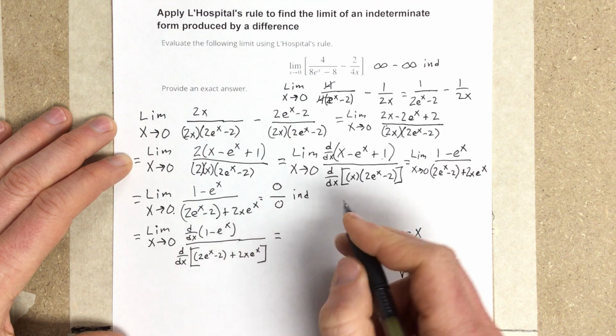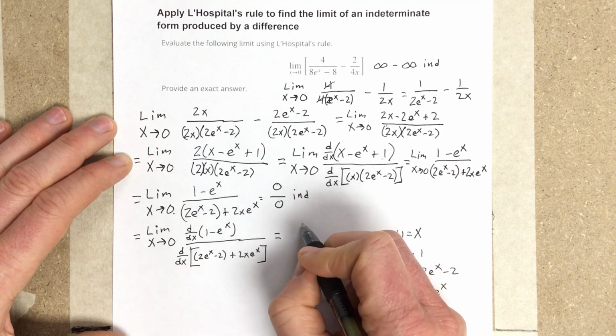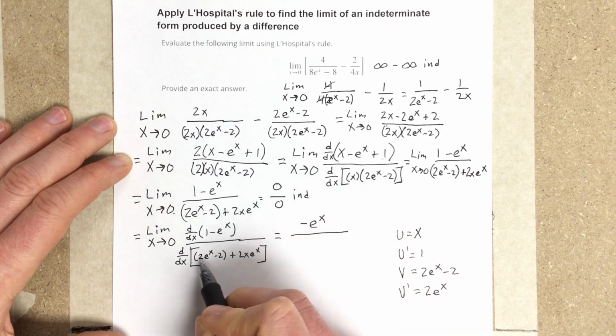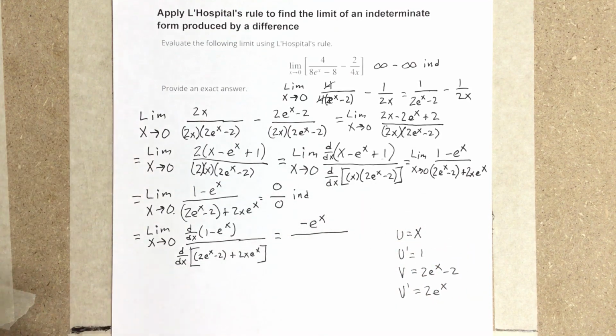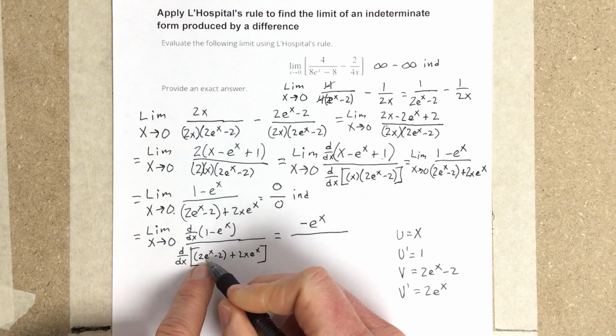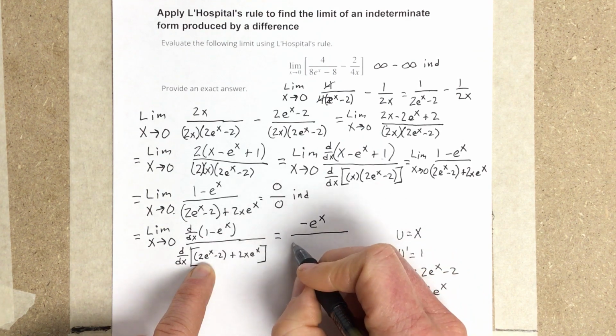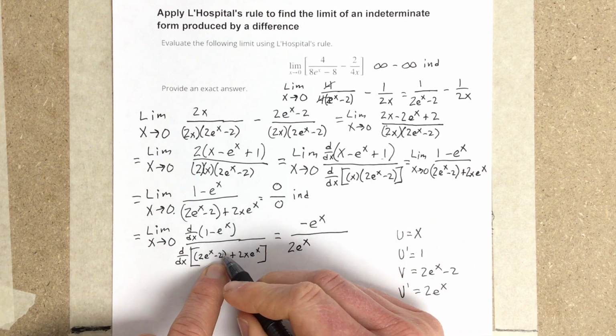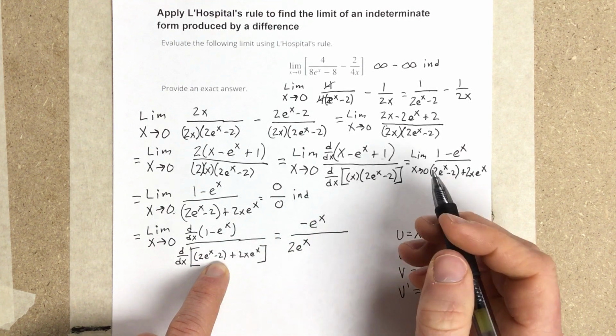So I can do the derivative of 2e to the x here. That would just be itself, 2e to the x. The minus 2 goes away because the derivative of this constant is 0.